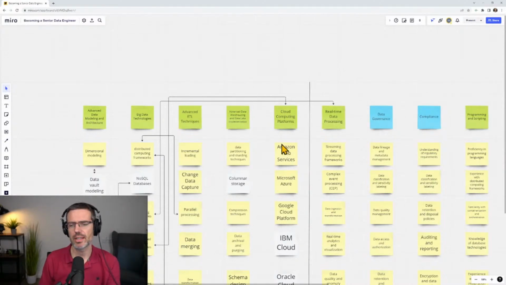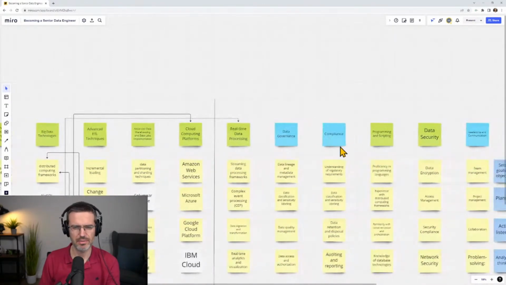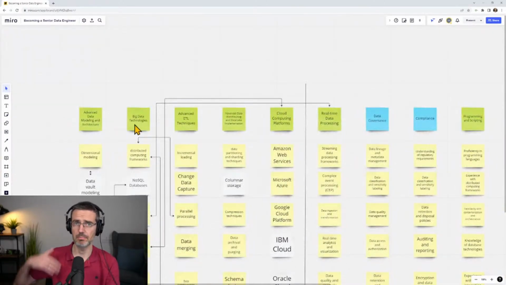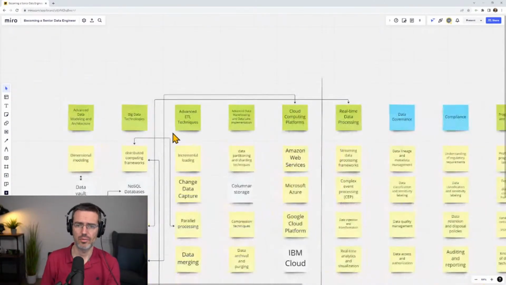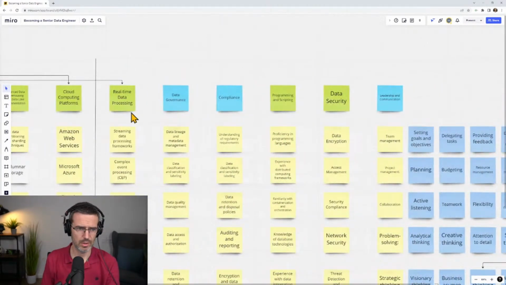The ones in green and the ones in blue, which I specifically marked because I found them interesting, are the main categories of what a senior data engineer should need to know.